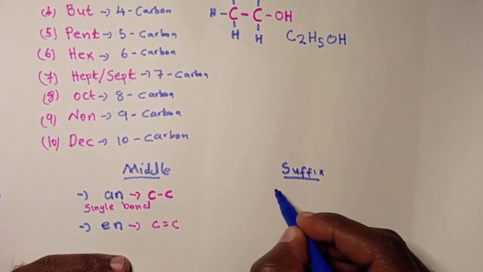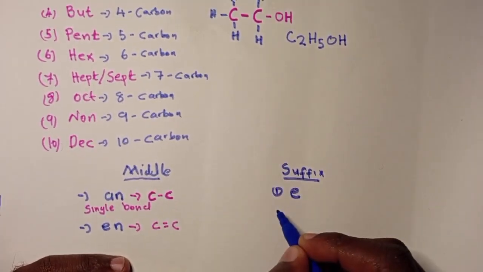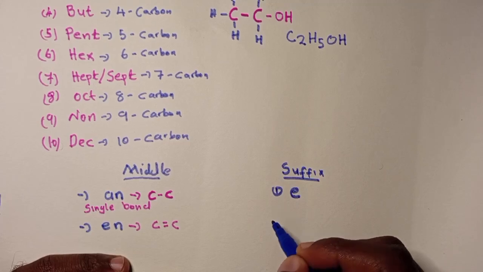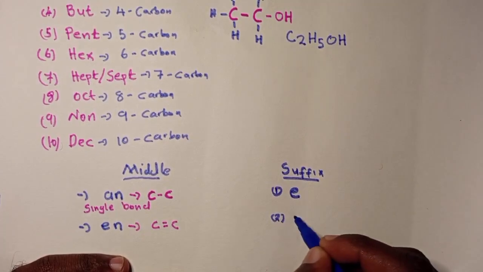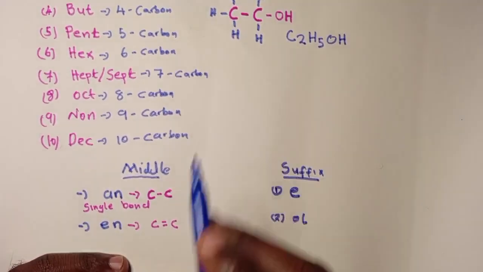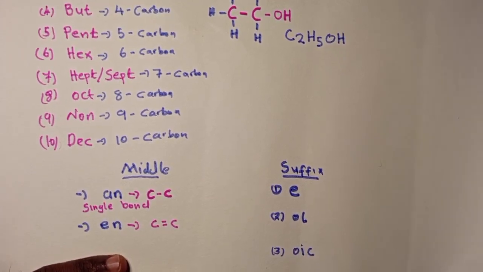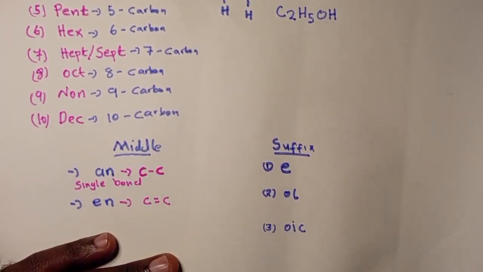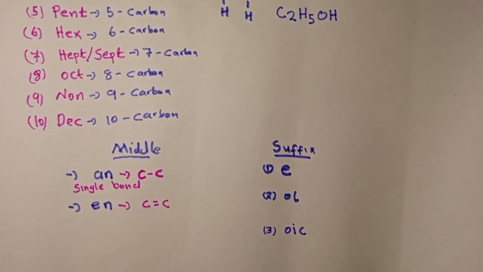So, others will just end with E. A lot of them will end with E, and we're going to discuss that. 2, others will end with OL, like the one I showed you. 3, others will end with oic. Okay, so this is what we are talking about.